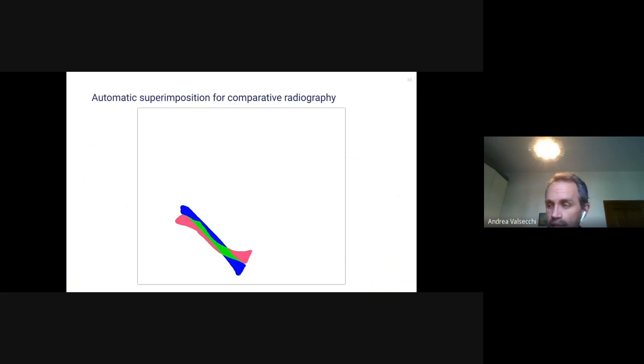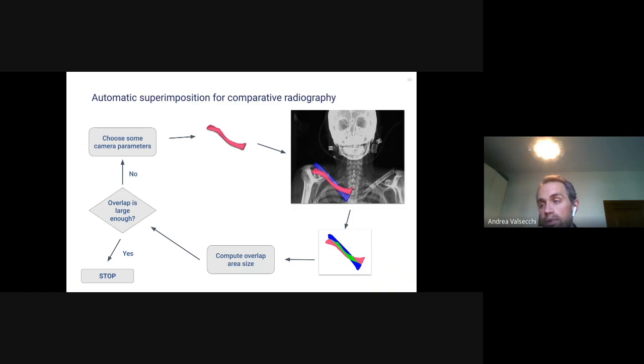What I've just described is technically an optimization process, which goes through a loop. You start by choosing some camera parameters, you apply them to the 3D model, you lay it on top of the radiography, then you find the common area and calculate how big it is. If it's large enough, you can stop, because you've found a good alignment.